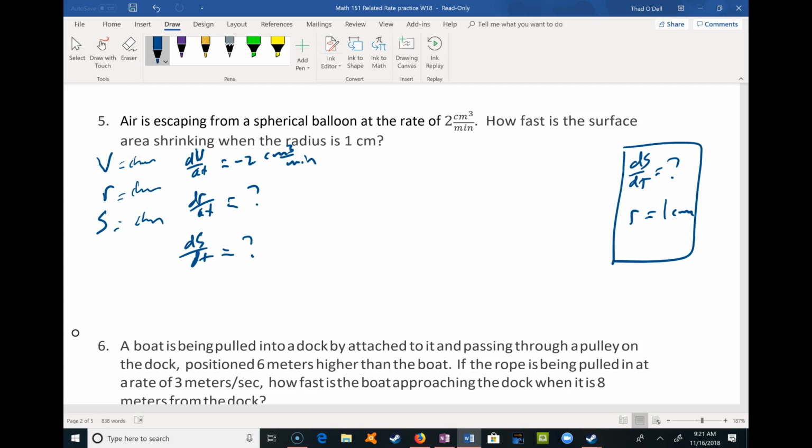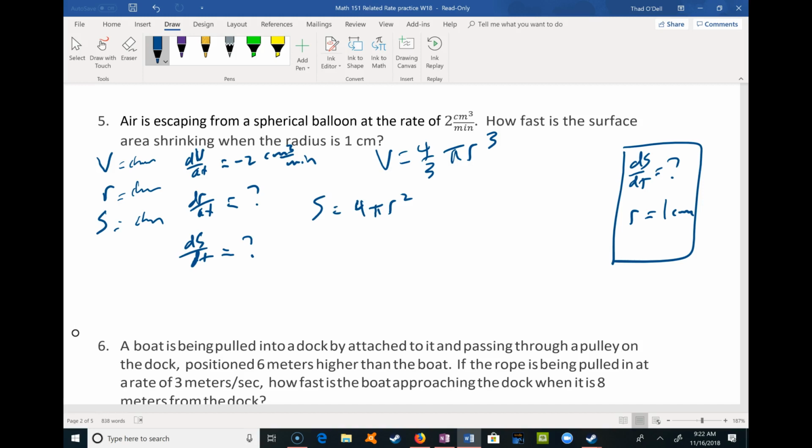Okay, we've got a volume equation: volume equals 4/3 pi r cubed, right? But that one's not that helpful for us, is it? Because it doesn't have a surface area, right? How about the surface area of a sphere? That's 4 pi r squared. Okay?